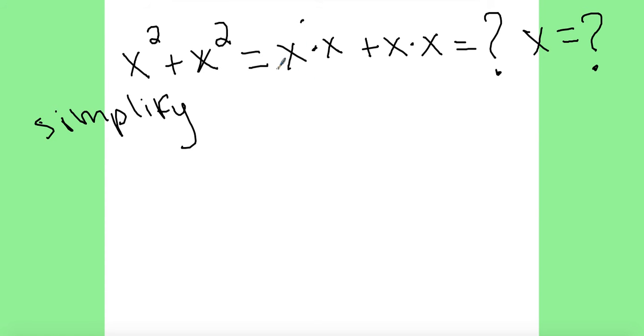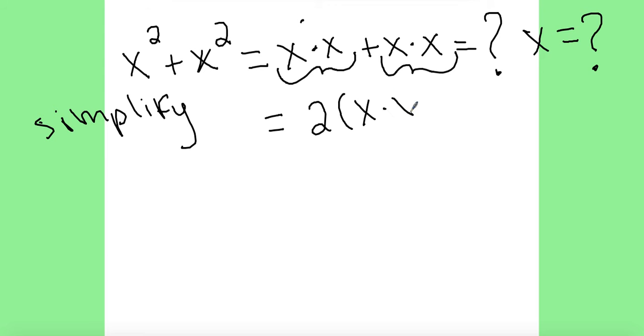Well, if I think about it, again, this is one type of object. This group here, this is a group. I have a group of x squared, and I have another group of x squared. And so what I have is 2 groups of x times x. That's what multiplication is. 2 times x times x.